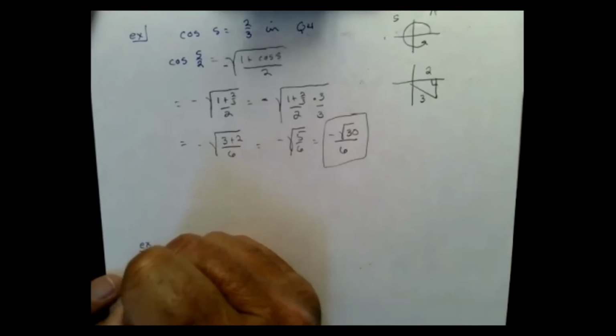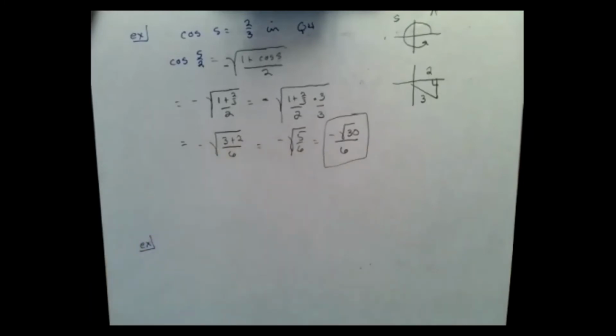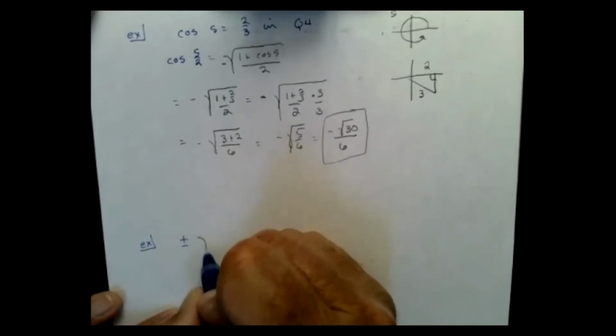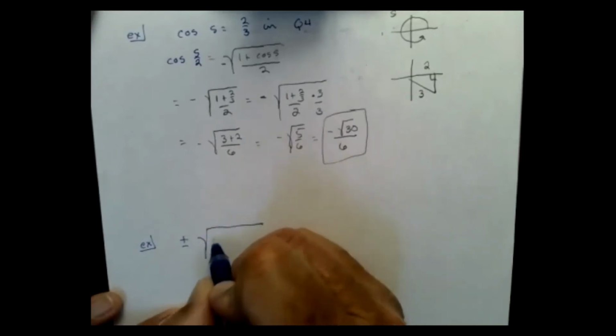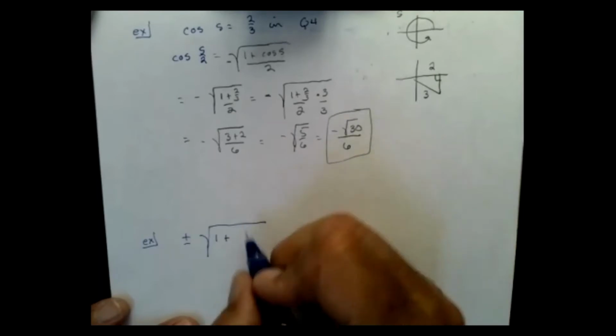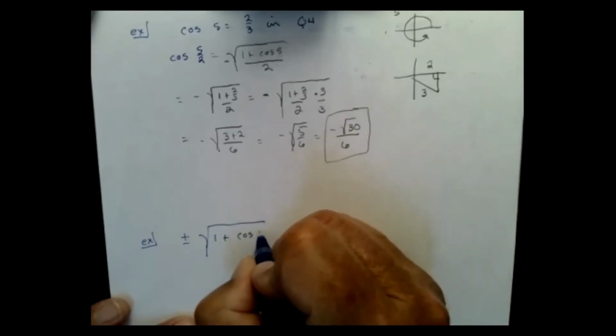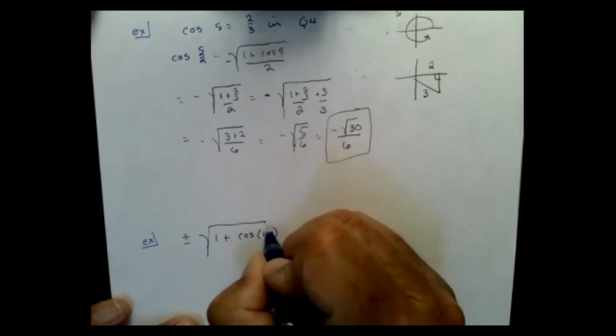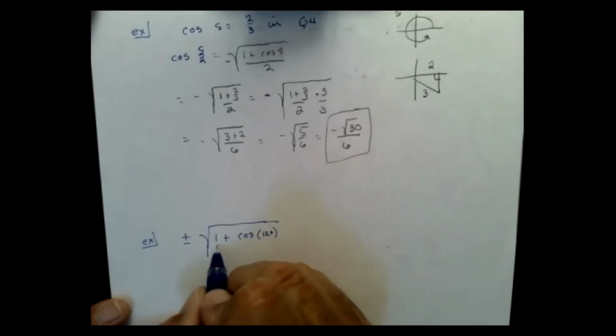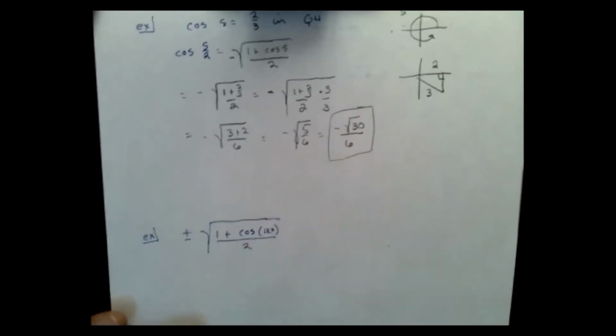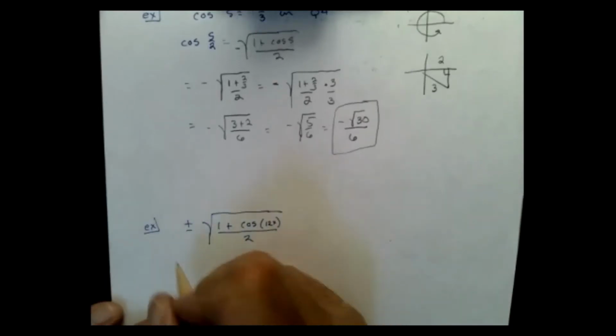Let's do some more stuff with this. If I wrote plus or minus the square root of 1 plus cosine of 12x all over 2. Looks familiar? Yes, it does. If I go in reverse, what would this become?